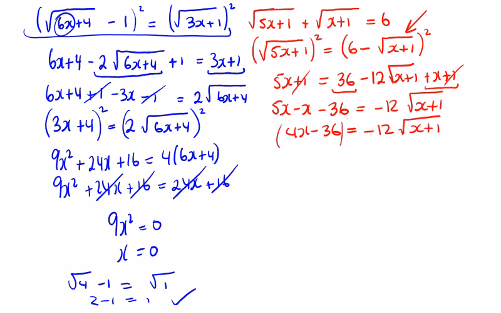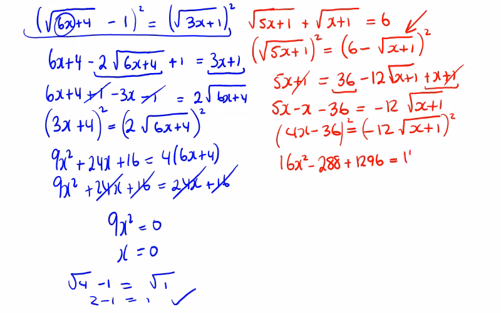So squaring both sides again, 16x squared. 4 36s are 144, so 2 of them is 288. And 36 squared is 1296. Let me double check. Yeah, plus 1296. And that's going to be equal to 12 times root x plus 1 to be squared.